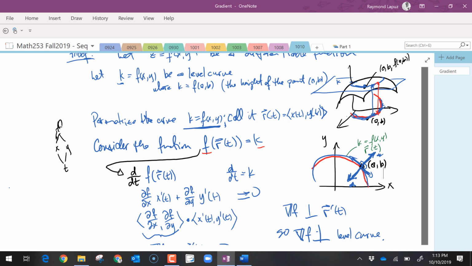Because that's the one going upward, right? So this is the correct gradient. Because if I look at the graph over here, it should be going towards the maximum. Okay. That makes sense?